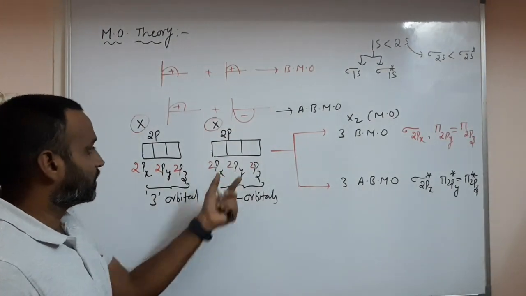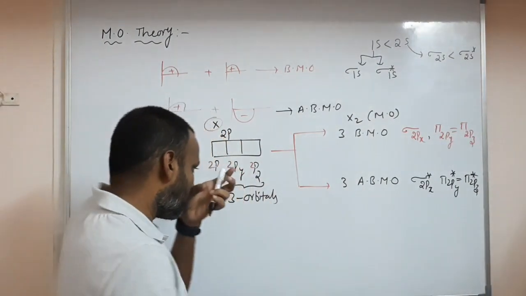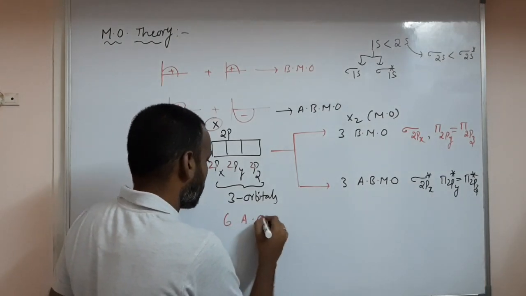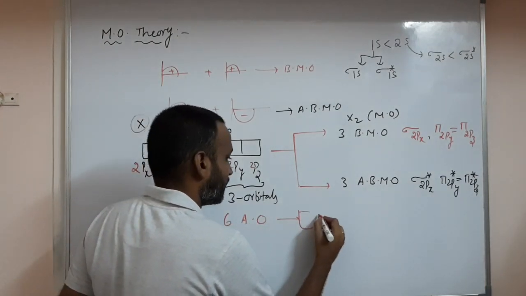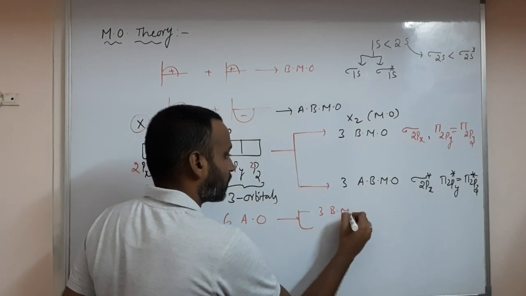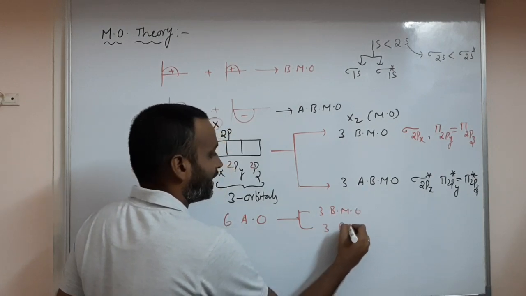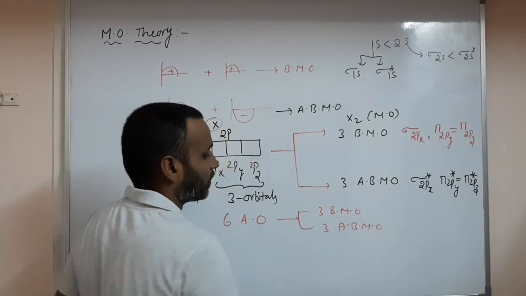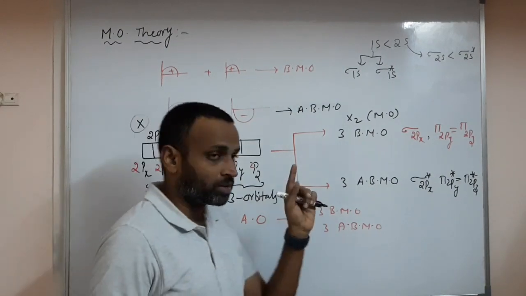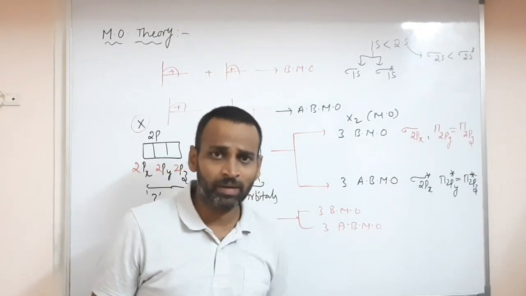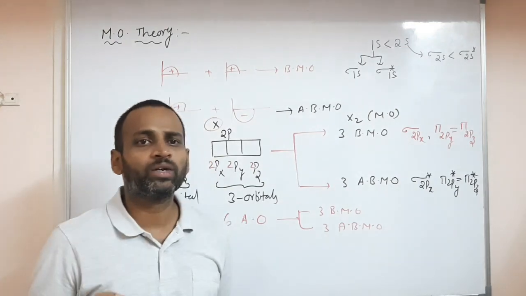So 3 and 3, total 6 atomic orbitals are combining and giving 3 bonding and 3 anti-bonding molecular orbitals. Among the 3, always remember, one is sigma and the remaining 2 are pi.